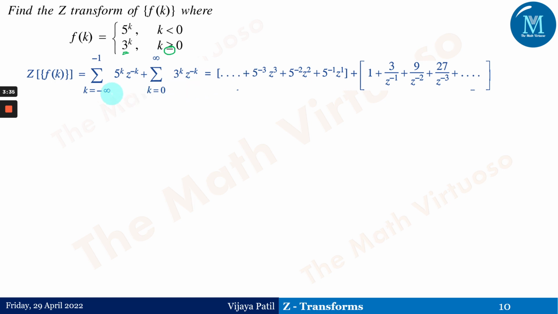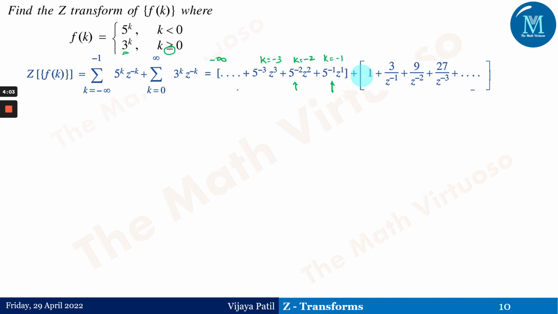Just by putting the values of k as minus 1, minus 2 and so on, we get the values. Putting k equals minus 1, we get 5 to the power minus 1, z to the power minus of minus 1, that is z to the power 1. Similarly for k equals minus 2, k equals minus 3, and so on till minus infinity.